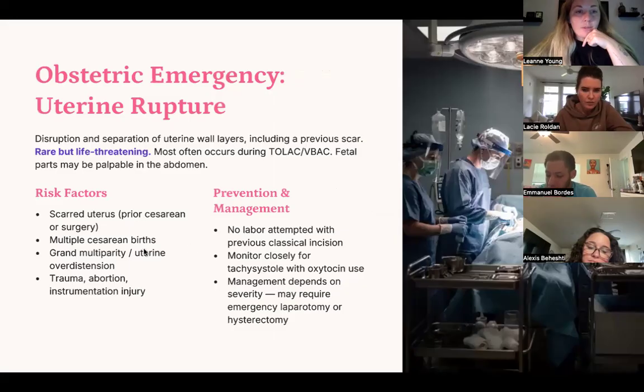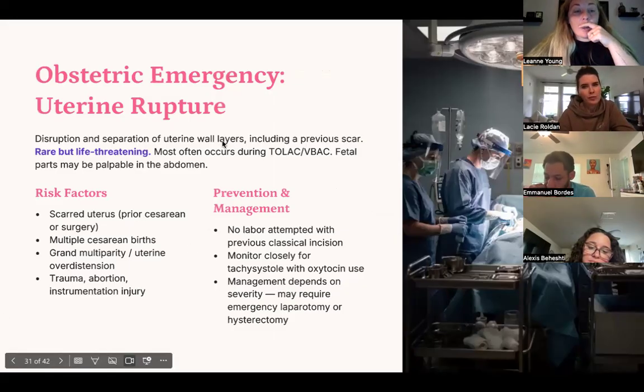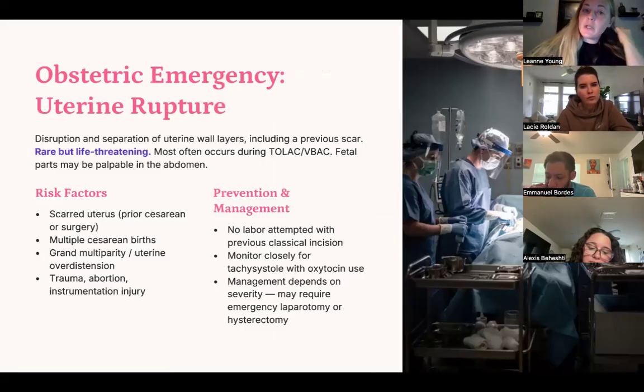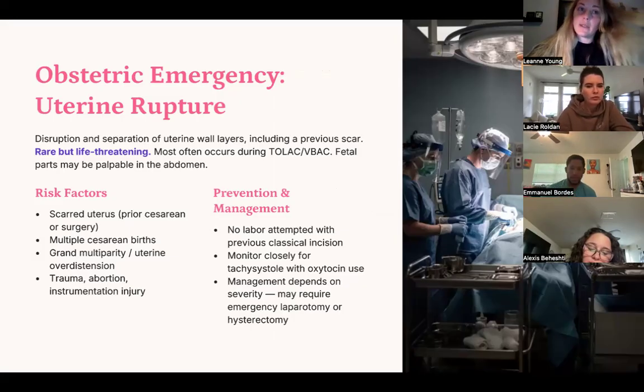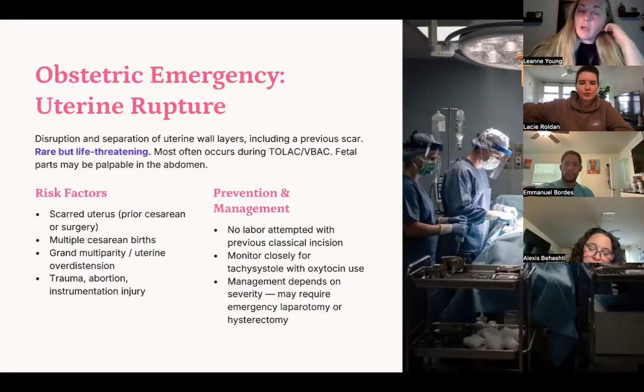All right, uterine rupture obviously is another OB emergency. This is rare but life-threatening. Happens whenever there's a separation of the uterine wall layers. Most of the time, it's caused in a patient who's had a C-section in the past, and the rupture occurs on their scar from their C-section.